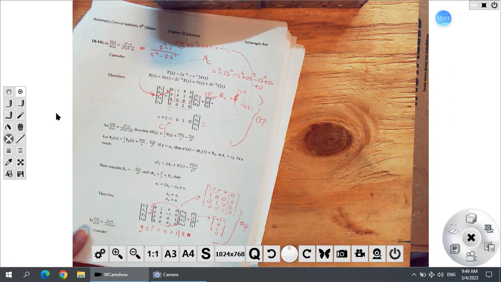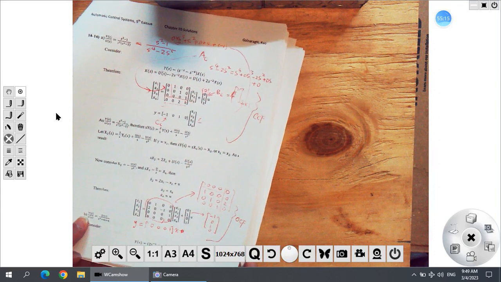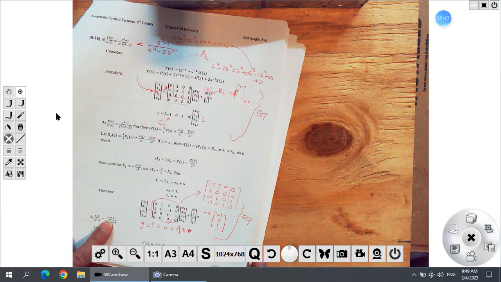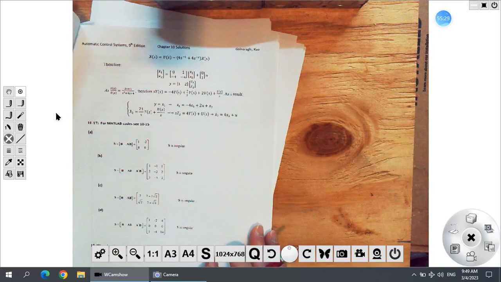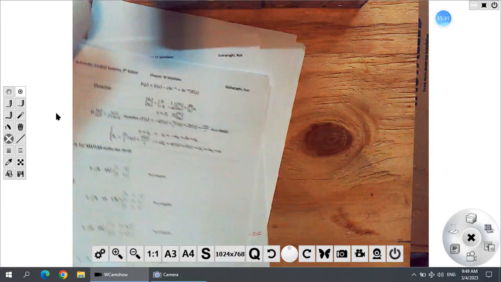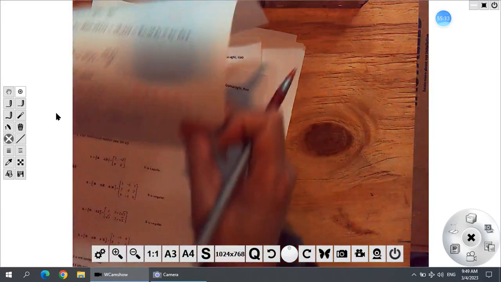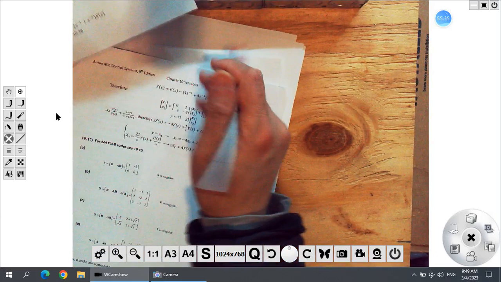And similar for the second one. So 2s plus 1 over s squared plus 4s plus 4. So the numerator is 2s plus 1. Let me copy it here.